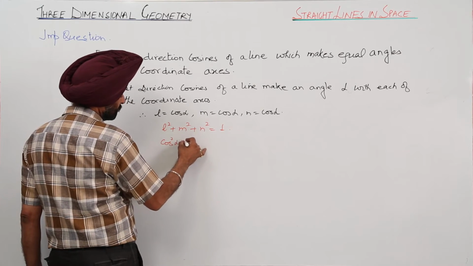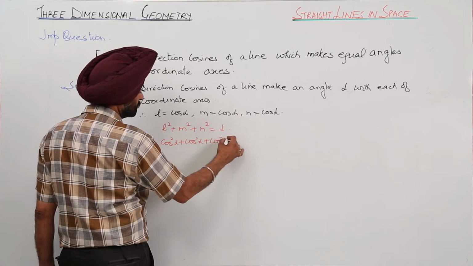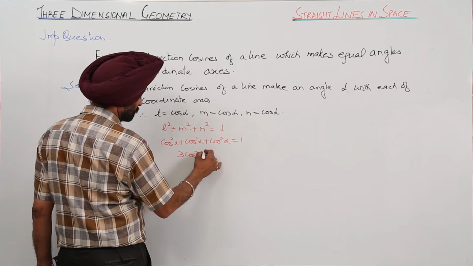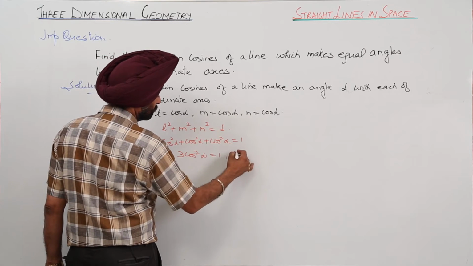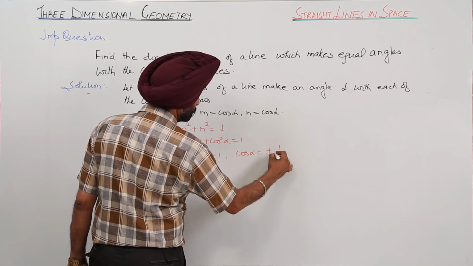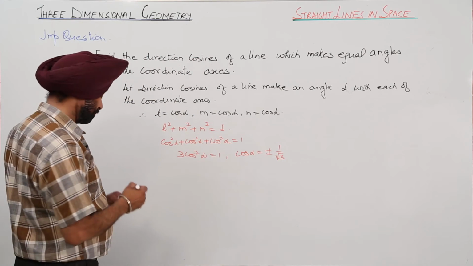Cos square alpha plus cos square alpha plus cos square alpha is equal to 1. 3 cos square alpha is equal to 1. Cos alpha is equal to plus minus 1 upon root 3.